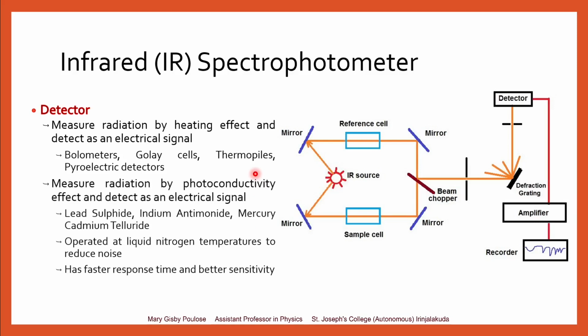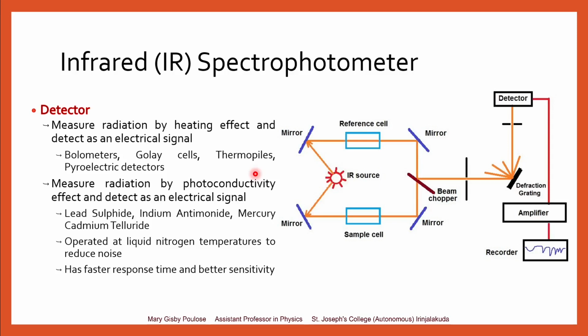The next type of detectors measure radiation by the photoconductivity effect and also detect it as an electrical signal. The types of detectors are lead sulfide, indium antimonide, or mercury cadmium telluride.